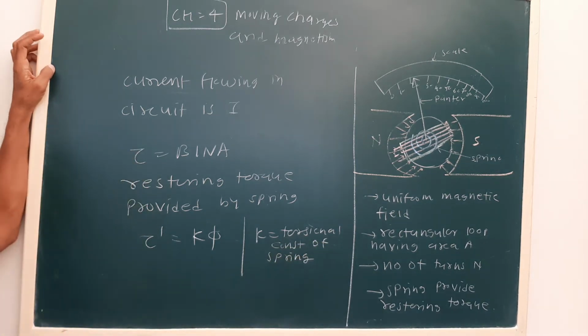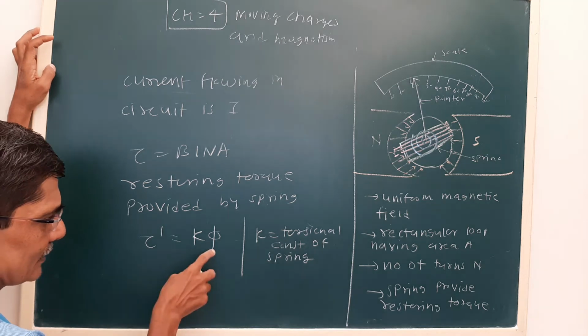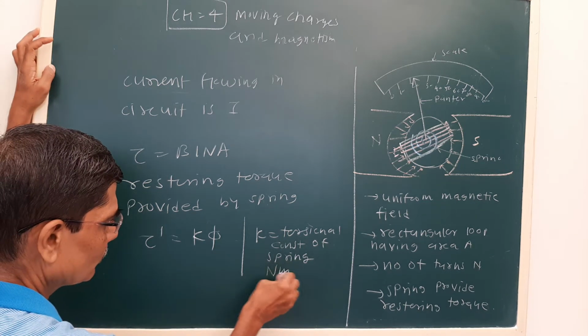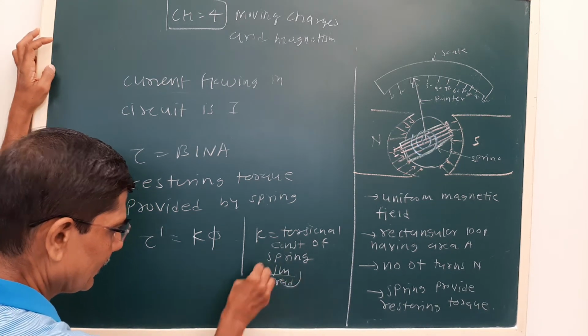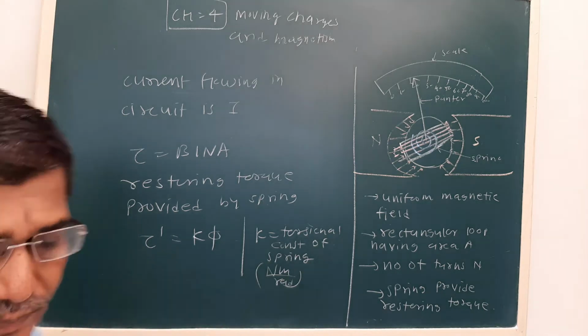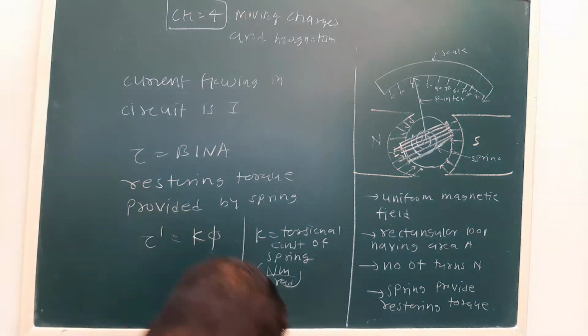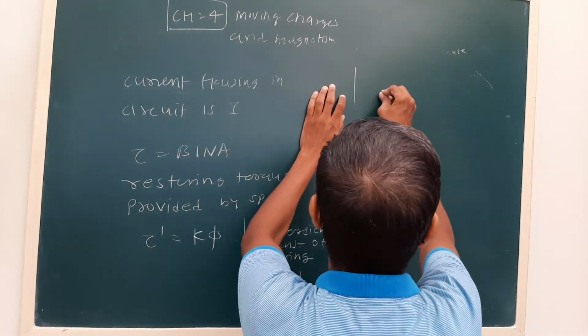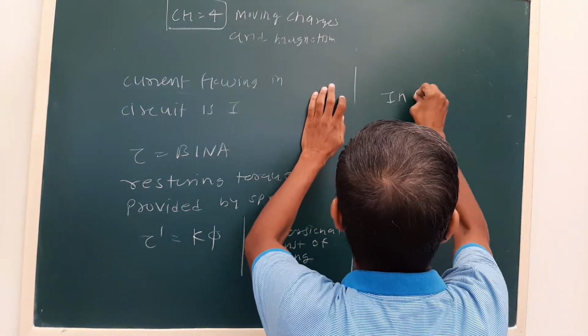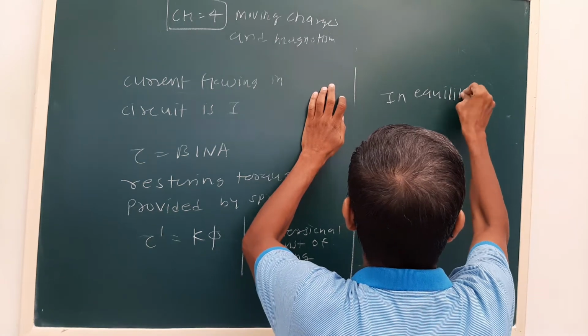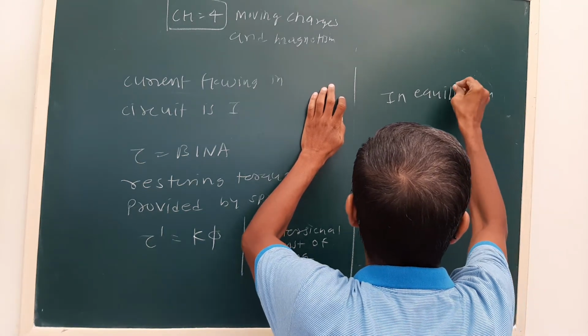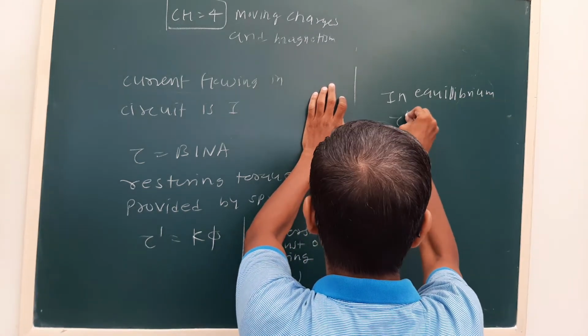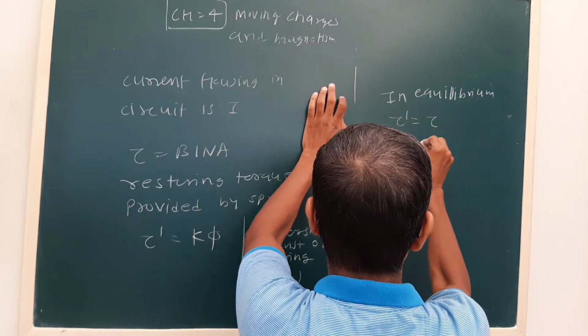So its unit will be, torque is in Newton meter, this will be in radian, unit will be Newton meter per radian. You should be knowing the dimension also. Now see in the equilibrium, T dash is equal to tau, that is K phi is B nIA.